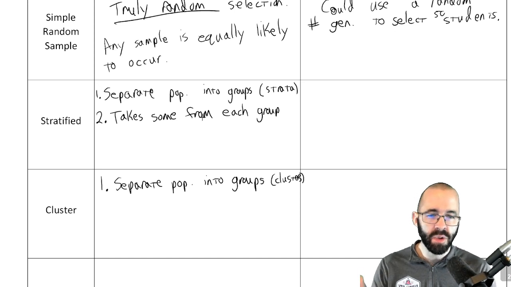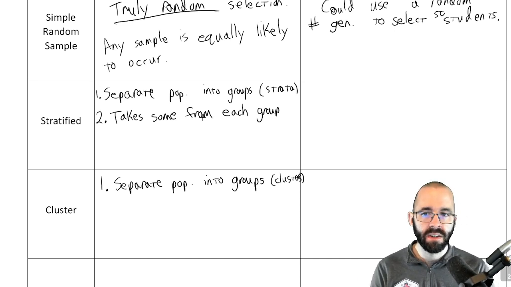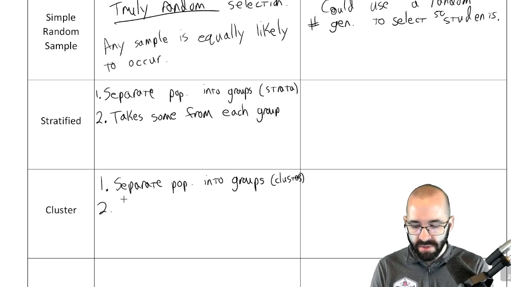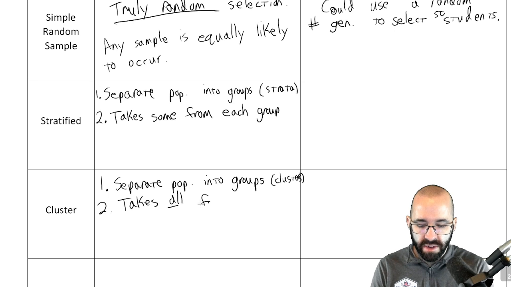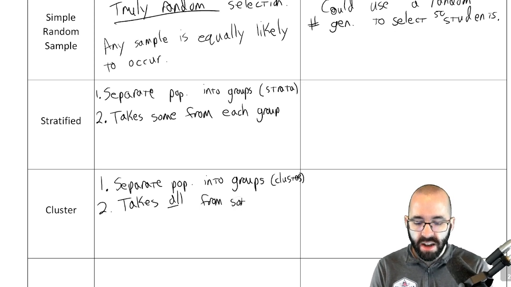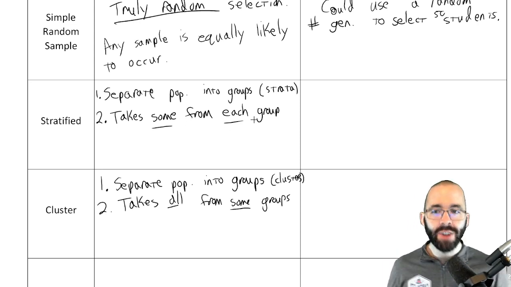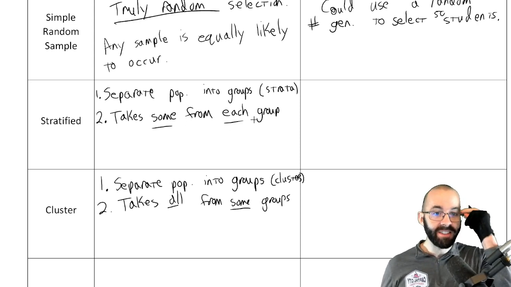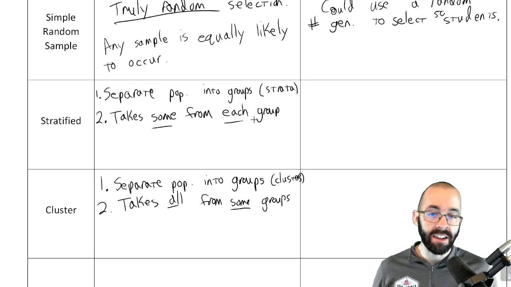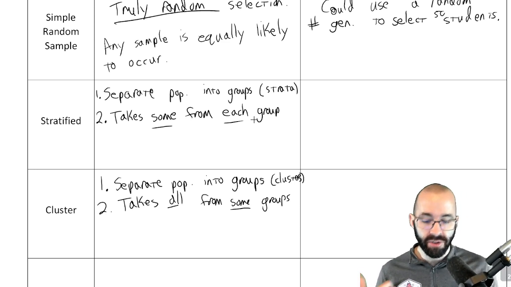So if it's a small group, we'll take not very many. If it's a big group, we take more. Whereas cluster takes all from some groups. So notice that stratified and cluster are very similar in their definitions, but in practicality, they're very, very different.